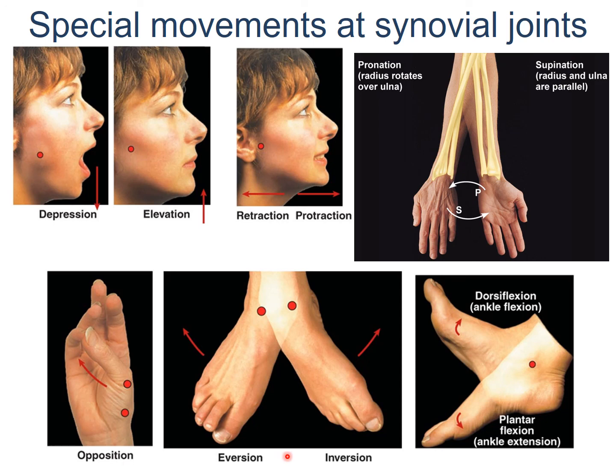Then we've got eversion and inversion, and these only happen in the feet. When we're using these terms, they are specific to your feet. We don't make reference to these terms with any other body parts. An inversion means you take the sole of your foot and move it in a medial direction, towards the midline of the body.